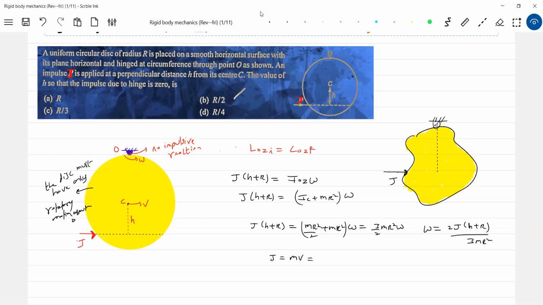Please try to learn the idea. If you apply it some other way, an impulsive reaction will come, and the velocity of the center of mass changes, so the equation will come like this. When the impulsive reaction is zero, J equal to MV will come. That's what happened here. So what is V equal to? R omega.